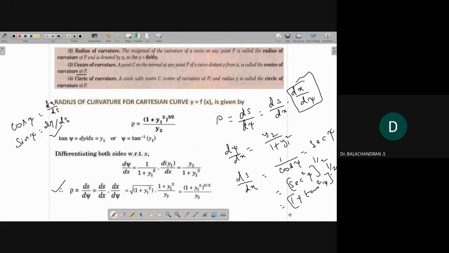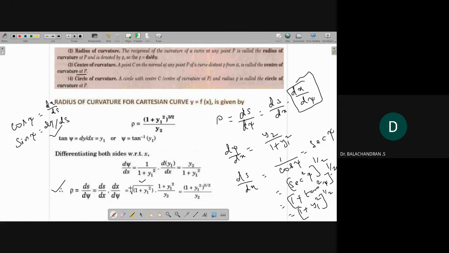I think it is visible; if it's not visible, you can tell me. Tan psi is y1, so ds by dx is equal to 1 plus y1 square whole power half.